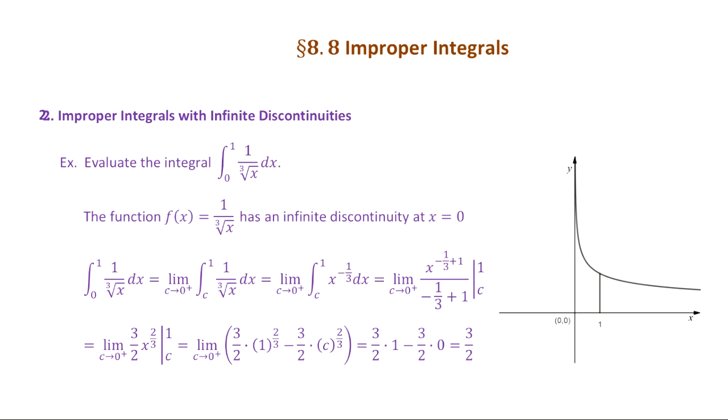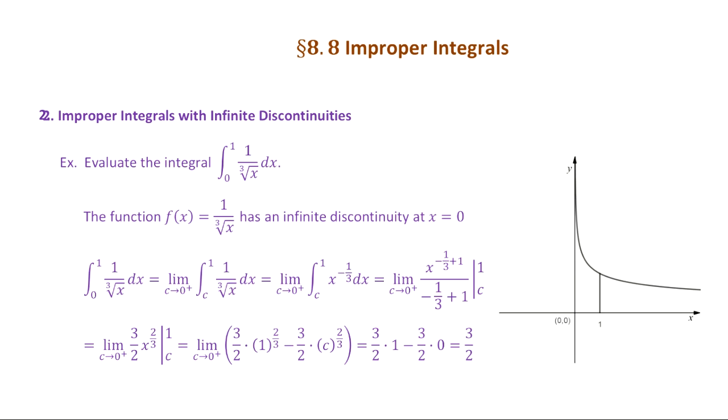So we get the limit of 3/2 times 1 to the 2/3 minus 3/2 times c to the 2/3, with c approaching 0 from the right. In the first term, 1 to any power is just 1, so we get 3/2 times 1.